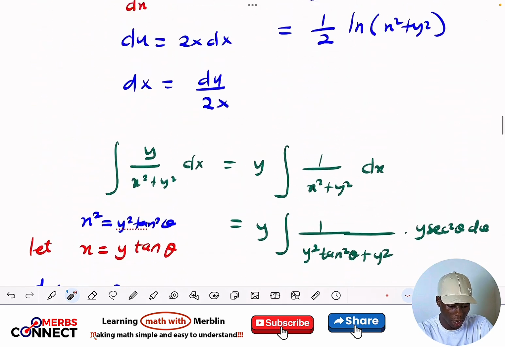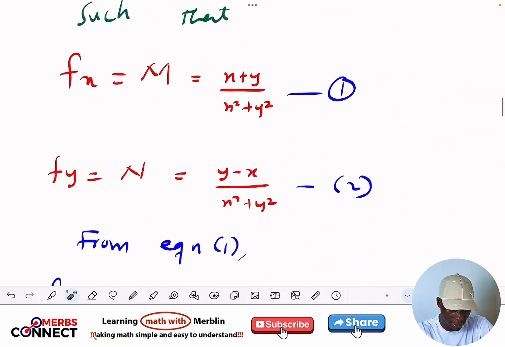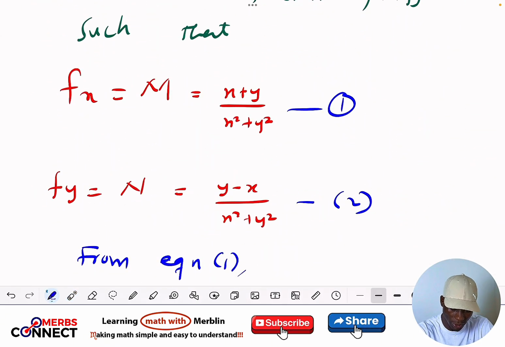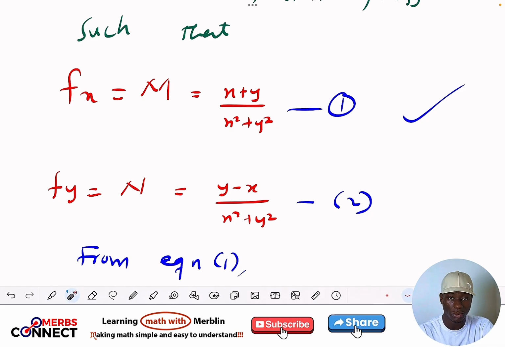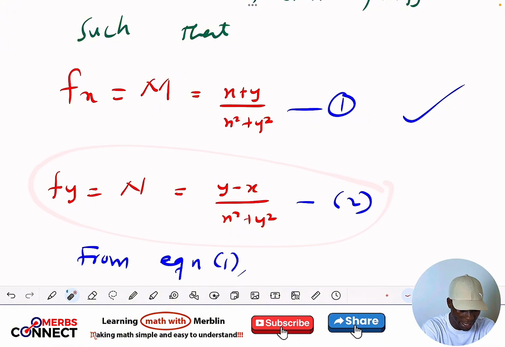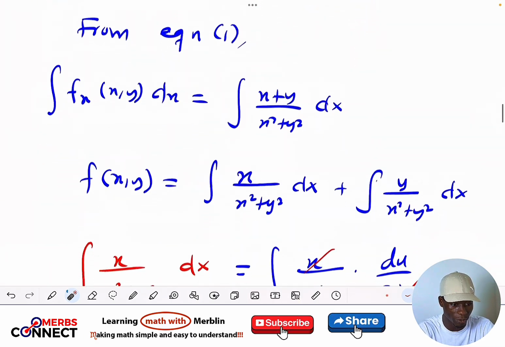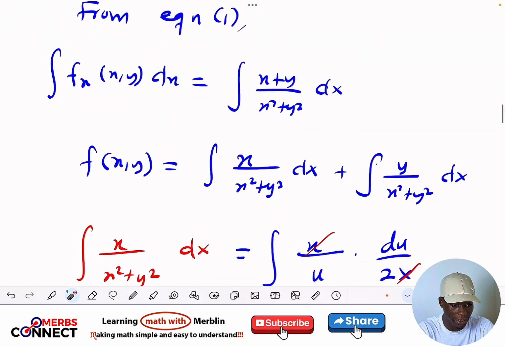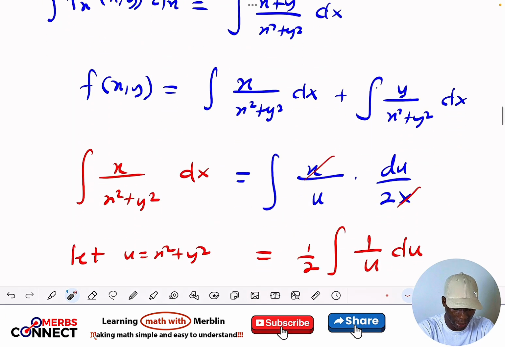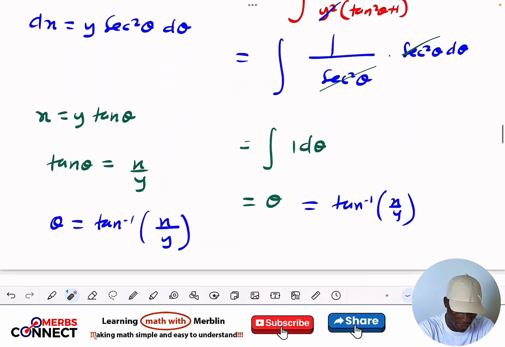So now you can see that we've used equation 1. We need to make use of equation 2. So for us to make use of equation 2, our new equation that we have gotten, we need to differentiate it with respect to y so that we can get f of y from the new equation. So let's try and differentiate the function and see what we are going to get from there.